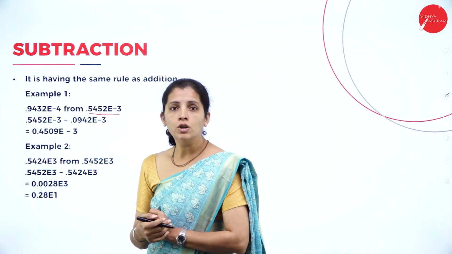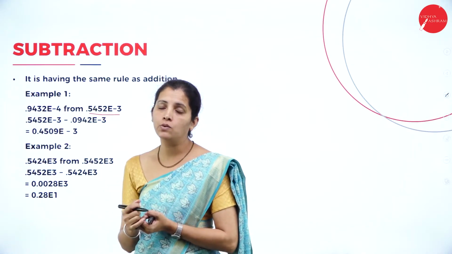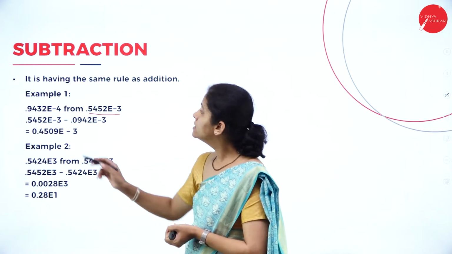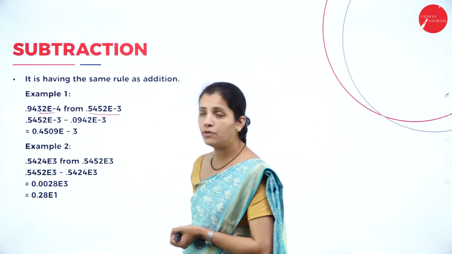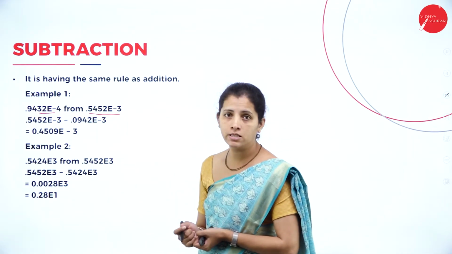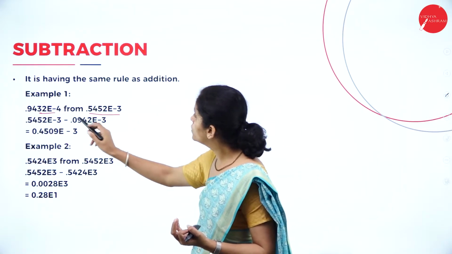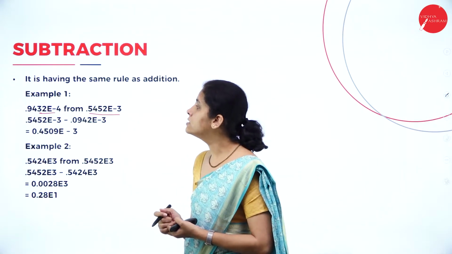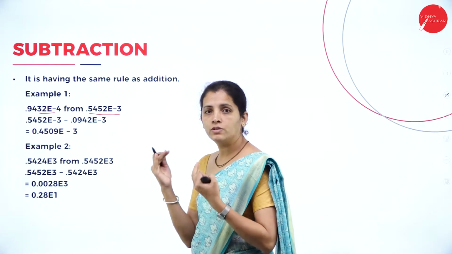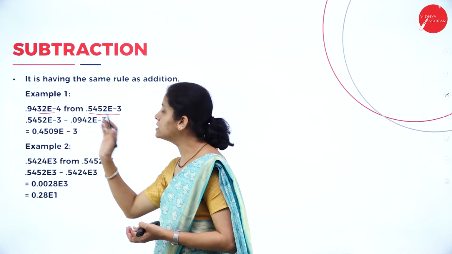To balance the exponents, see here, I have exponent minus 4, and here I have minus 3. To make it balanced, I'm going to shift this digit, then I'm going to subtract.